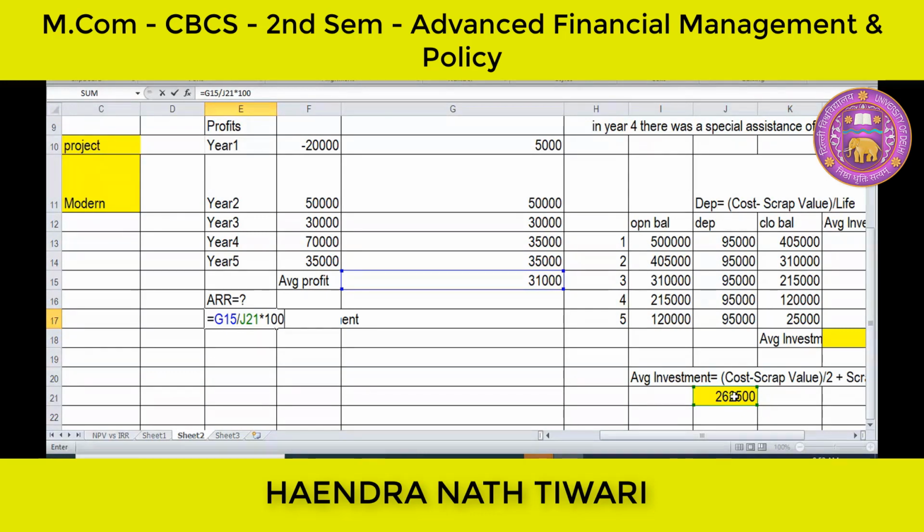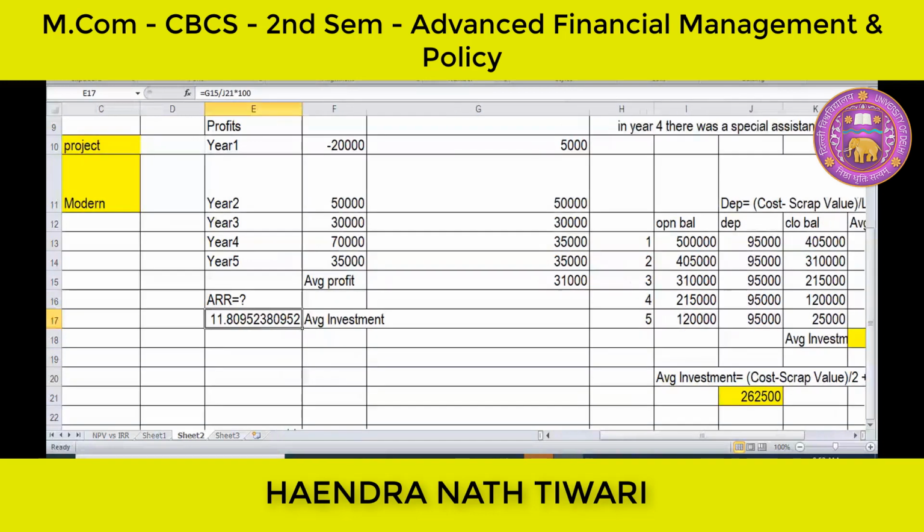So average profit divided by average investment into 100 gives 11.81%. 11.81% is the accounting rate of return.